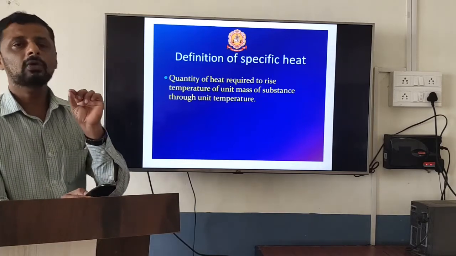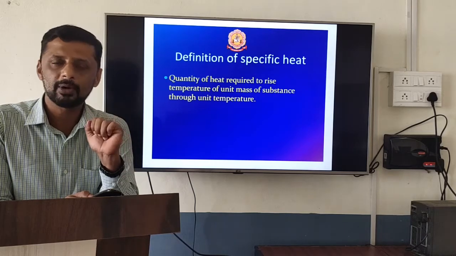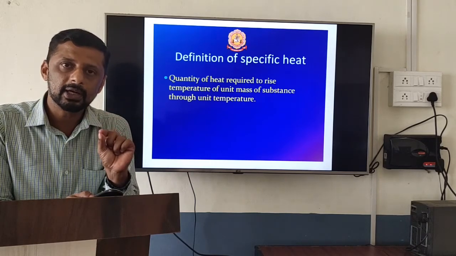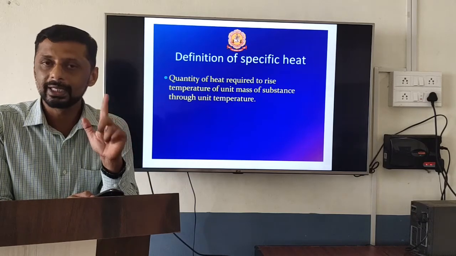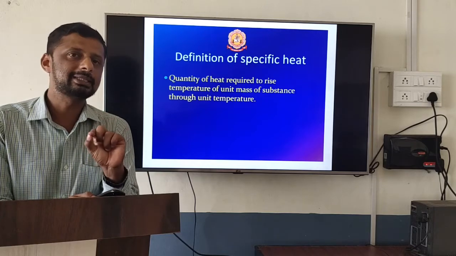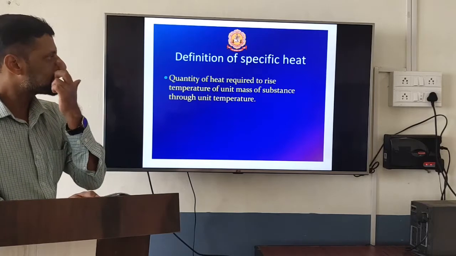How much quantity of heat is required in order to raise the temperature of 1 gram of a substance through 1 degree Celsius? That is indicated by a constant called specific heat.